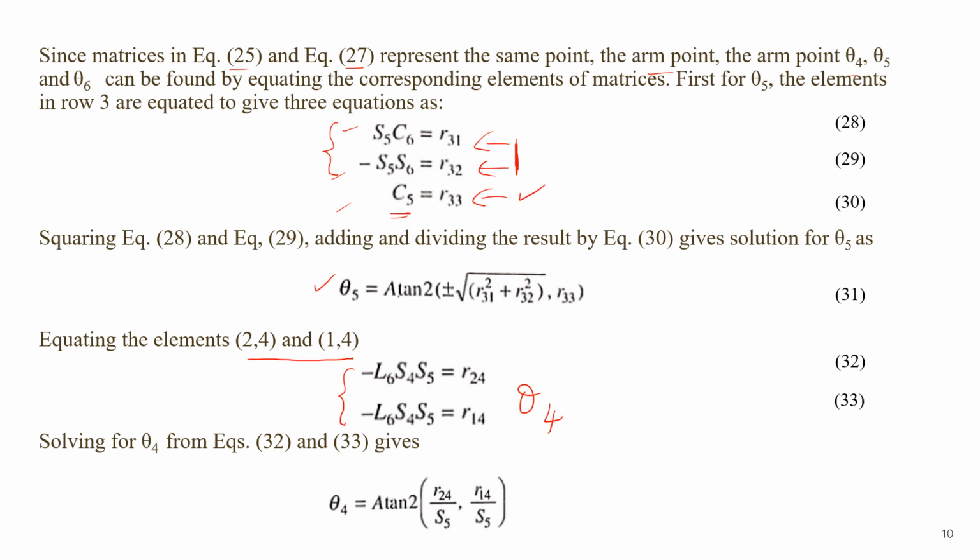You will get the theta 4 expression as atan2 of R24 by S5 and R14 by S5. All are known: S5, the sine of theta 5, is known, and R24 and R14 are already known. So from that you can get theta 4.